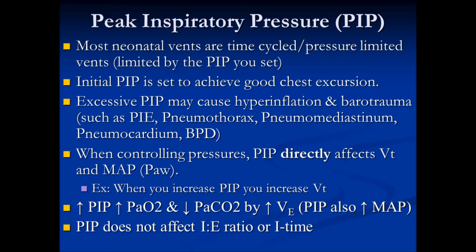When controlling pressures, the PIP directly affects your tidal volume, and it also affects the mean airway pressure. So just remember, when you increase your PIP, you are increasing your tidal volume. So depending on what level you have your PIP set at will determine whether you utilize the PIP to increase ventilation or not.